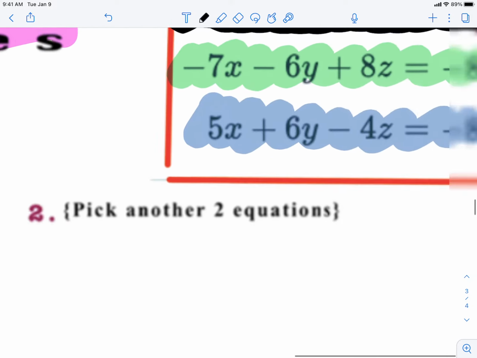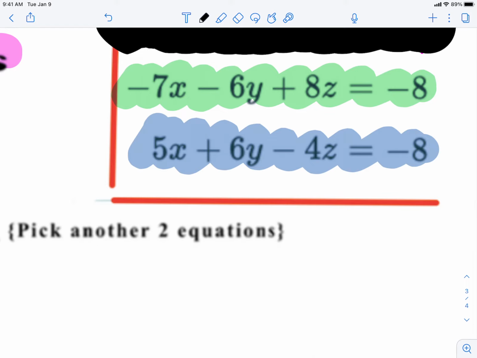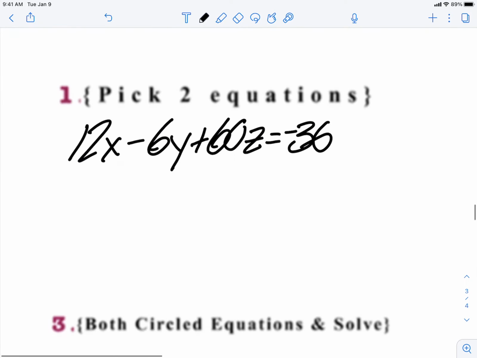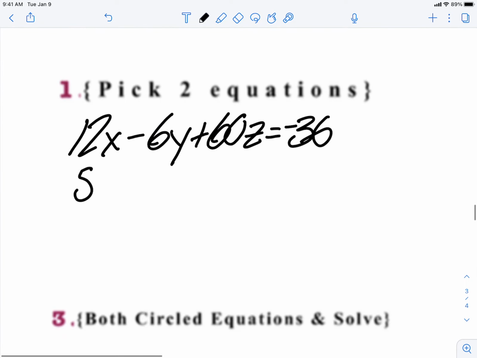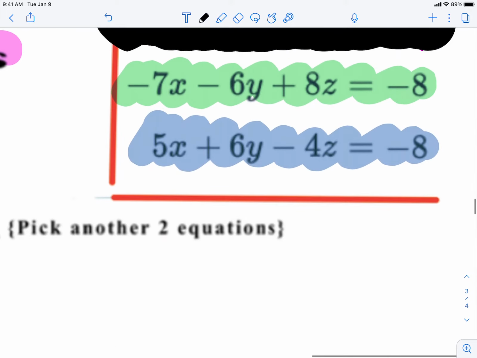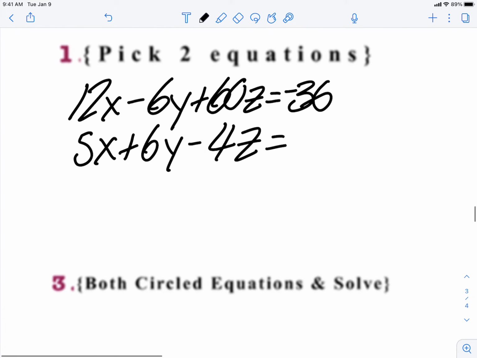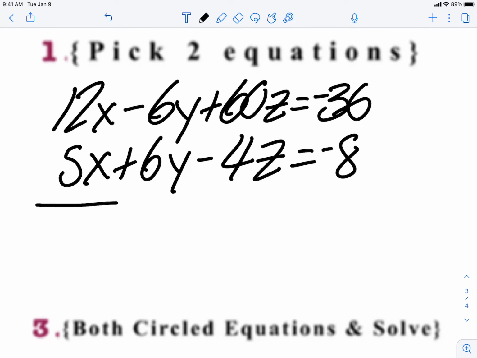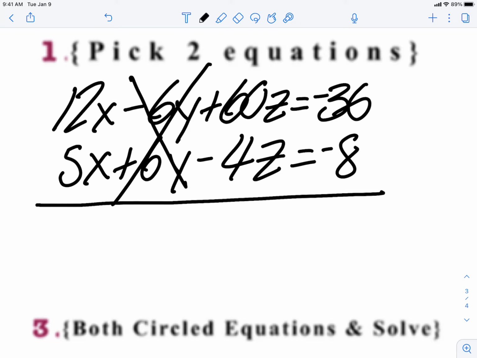So I picked my red, and I'm going to pick my blue: 5x plus 6y minus 4z is equal to negative 8. So this does exactly what I wanted and canceled out those two.